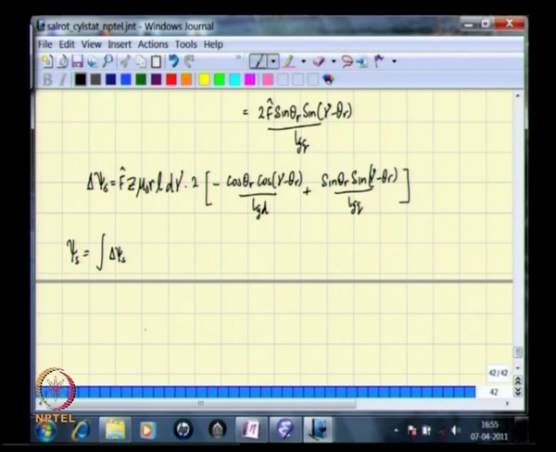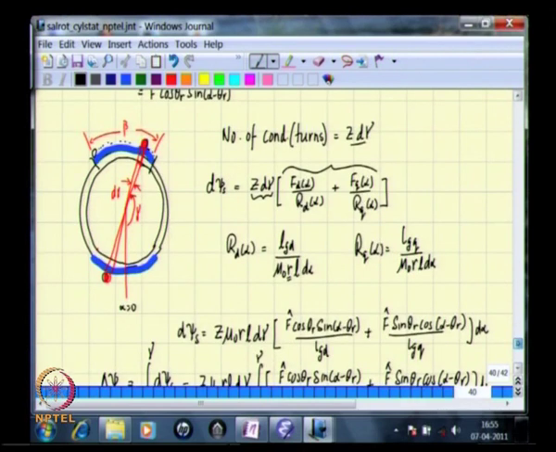What we need to do is to integrate from here to here, and the angle at this point is nothing but pi minus beta by 2.